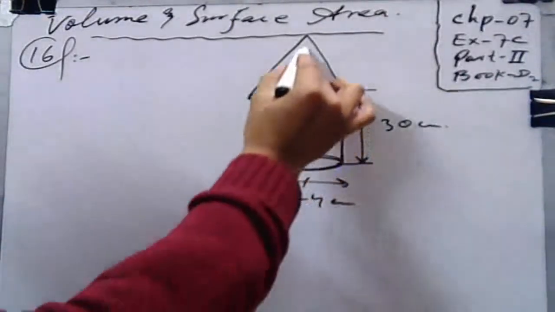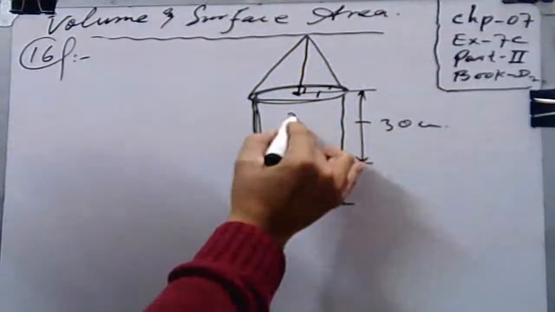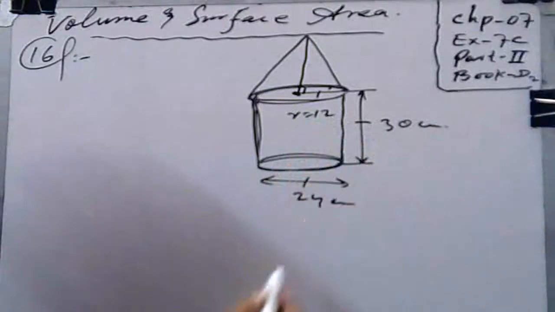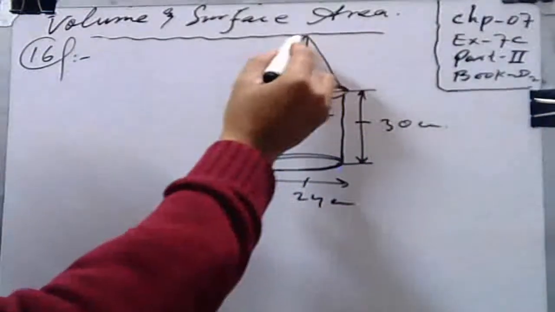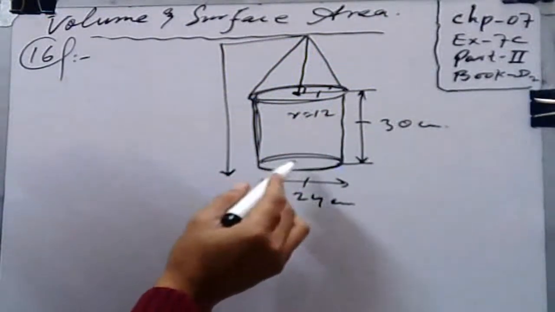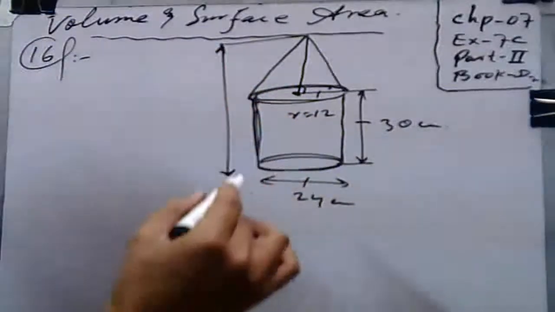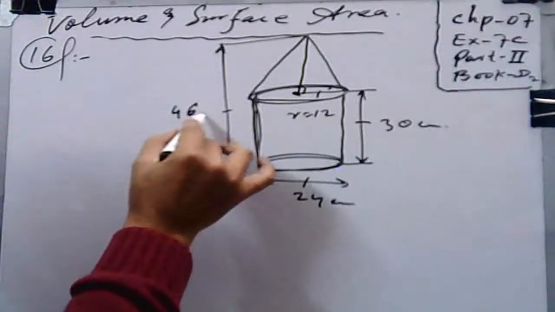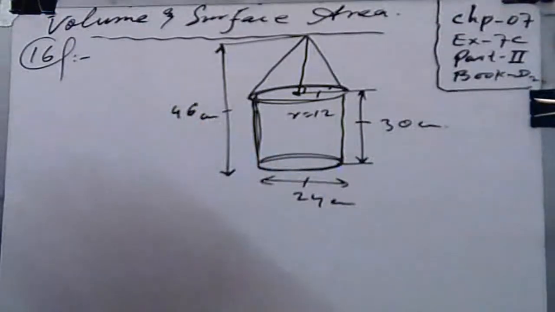So we have to find the height of the cone also. We have to find the volume of the solid, and if you read the statement in your textbook, it says to leave your answer in terms of pi.